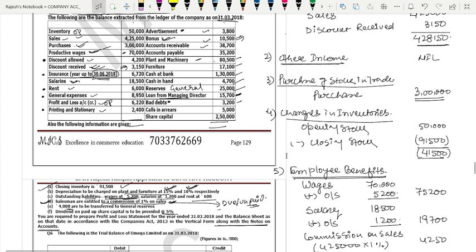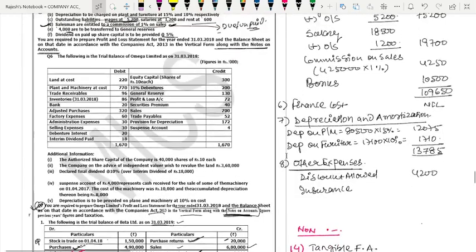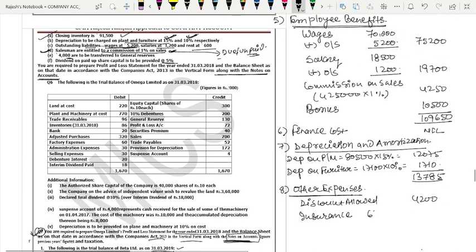We have to adjust this amount. 6720 less prepaid. 6720 divided by 12 multiplied by 3 is 1680. 6720 minus 1680 will come 5040.